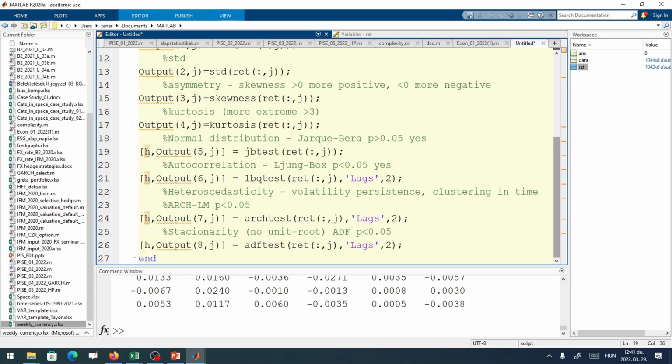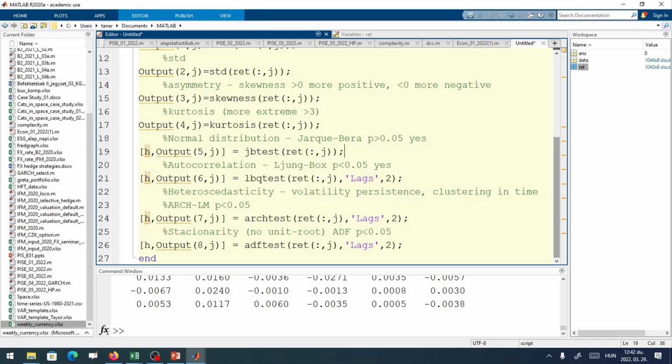For autocorrelation we have this Ljung-Box test, and this one has to be under 0.05 to have autocorrelation here. And there is heteroscedasticity. If there is activity or something like this, then heteroscedasticity sooner or later arrives. So it means that sometimes there are periods when volatility is high, sometimes periods when volatility is low, and we will see what happens.